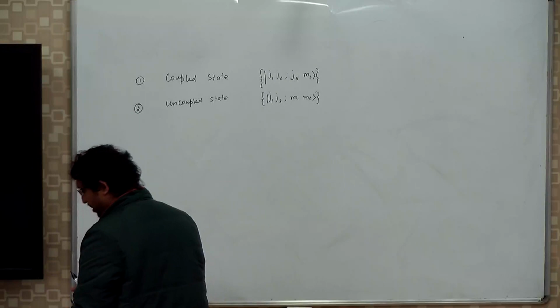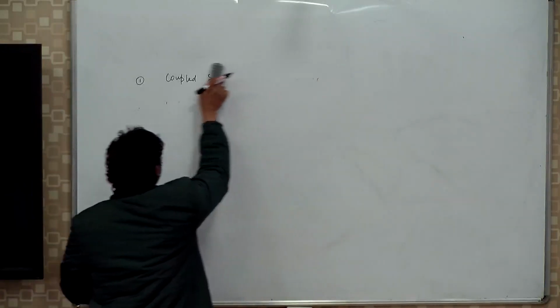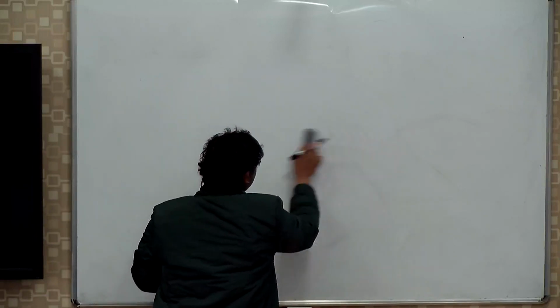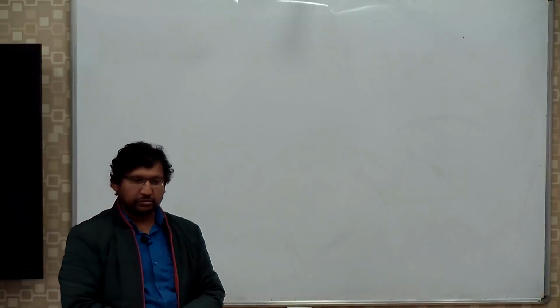This can be done with some transformation, and the transformation can be done with the help of a matrix, and we call that matrix a unitary matrix or unitary transformation. The transformation from coupled state to uncoupled state, and vice versa, we can do by a unitary transformation. That unitary transformation is in the form of a matrix.